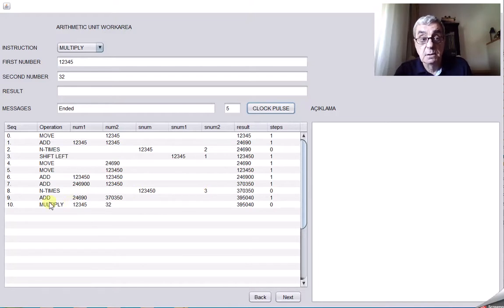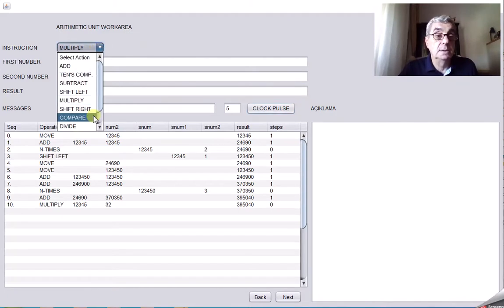The other addition is the total of the first number and the total of the n times, 3n times value over there. So when you add them, you get the correct result. It is actually the multiplication of 1, 2, 3, 4, 5 by 32, which is this value.